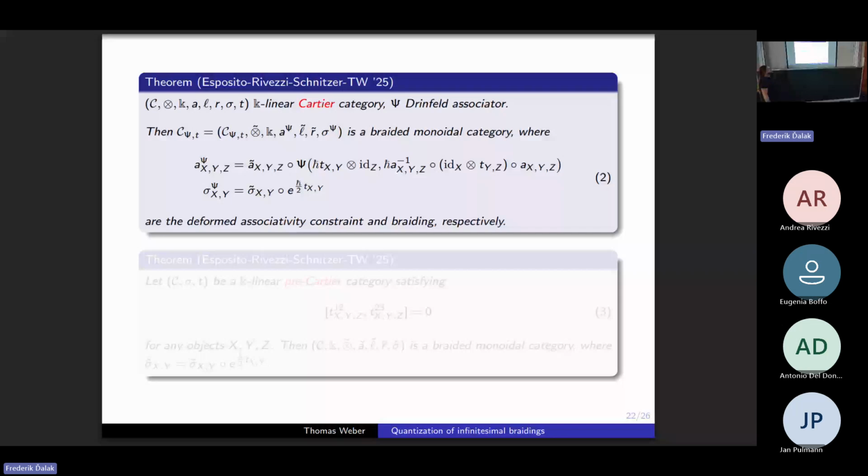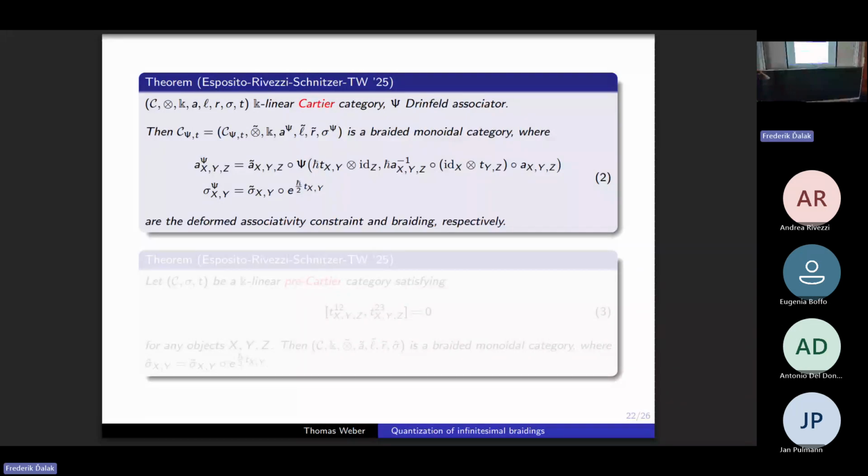So what you're doing is you simply take the same objects, but you deform the associativity constraints in this way here. So the new A is built out of the old A's, but you also mess them up with capital psi, so the Drinfeld associator, and you see that the infinitesimal braiding enters here in both slots.